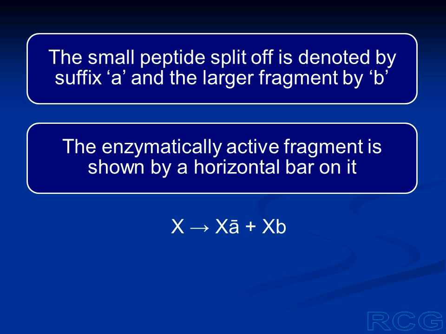Sometimes the smaller peptide may also be active. But the enzymatically active fragment, whether it is A or B, is shown by a horizontal bar on it.